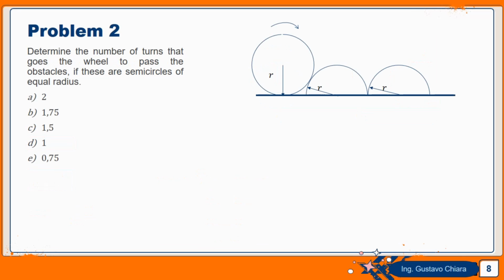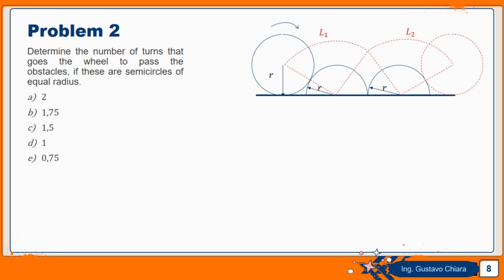Problem number 2. Determine the number of turns that the wheel makes to pass the obstacles if these are semicircles of equal radius. As you know, we need to draw in the picture everything that you can read in the problem. You can see that the wheel goes from this point to this one, and the center goes two distances, L1 and L2.